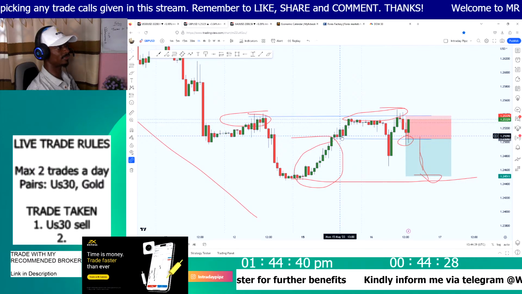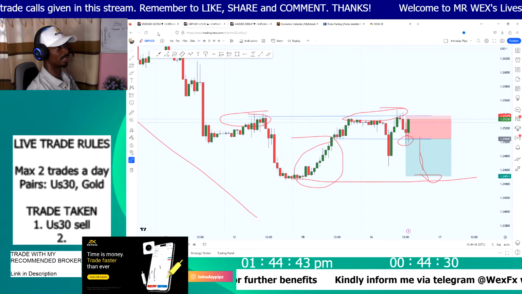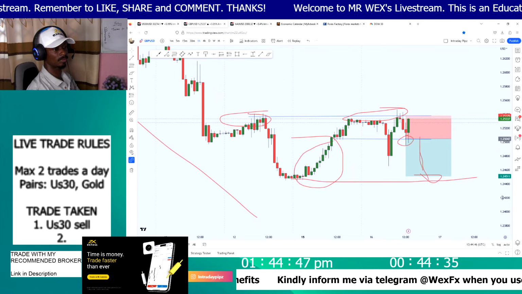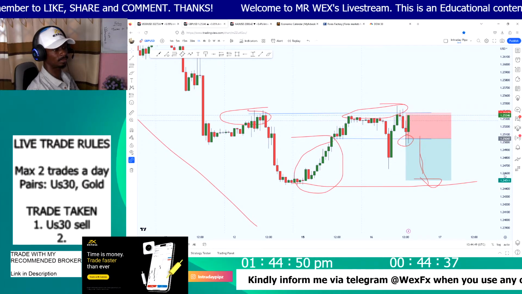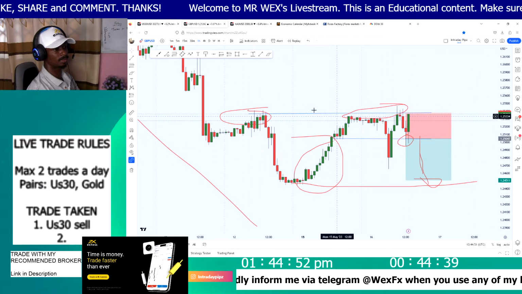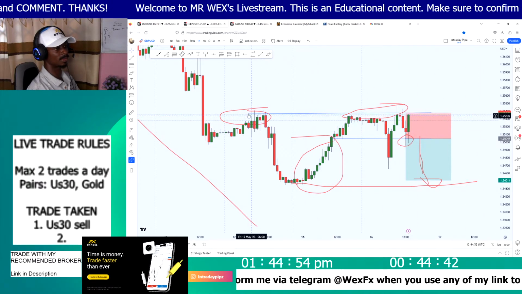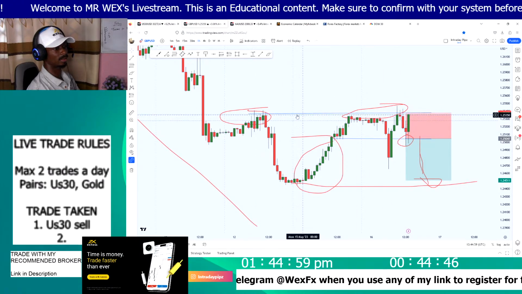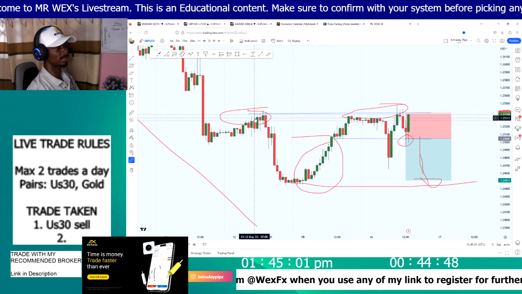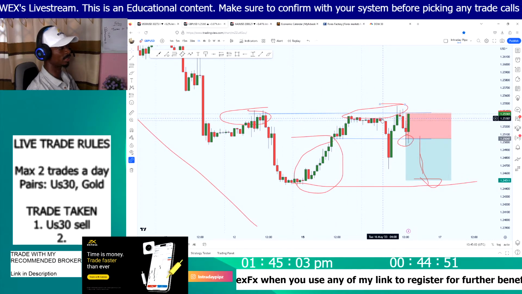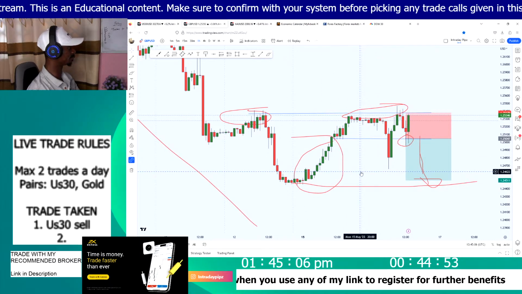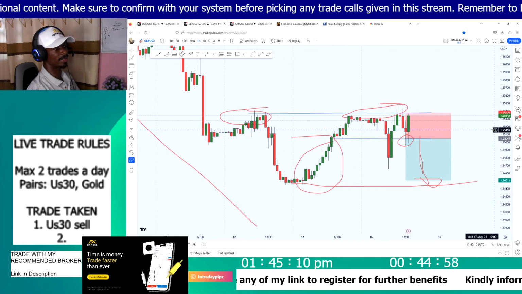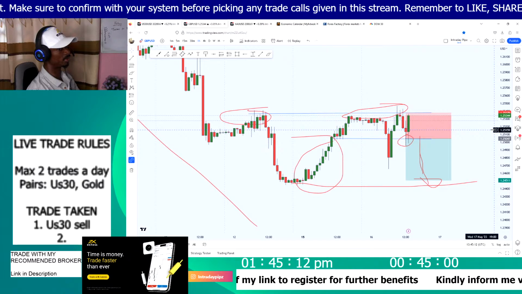This is one of the reasons I didn't really consider GU. It's likely going to take out this previous structure. Trust me, guys. So at this point, there is actually no trade in GU, no trade at all, man.